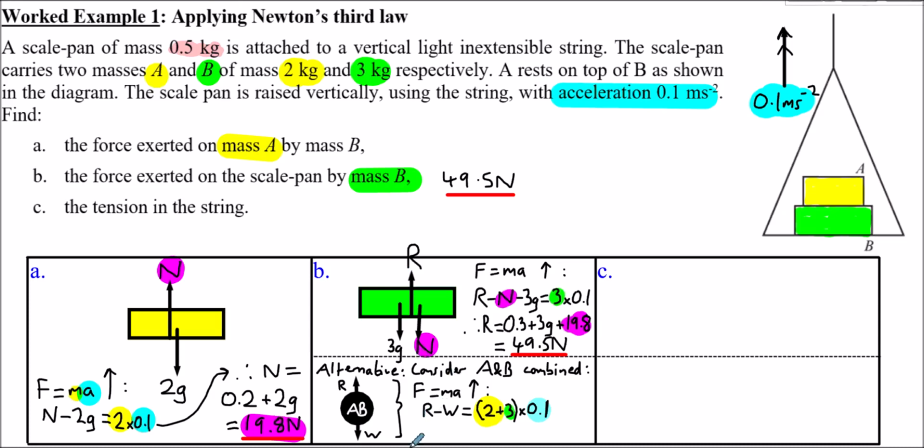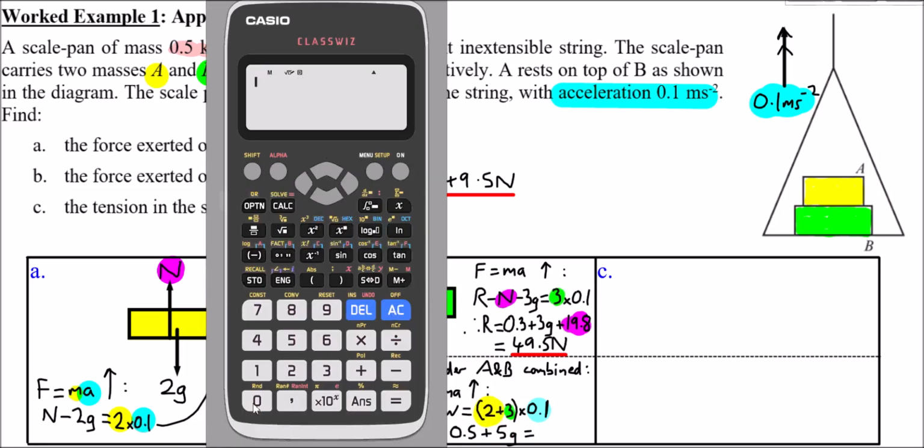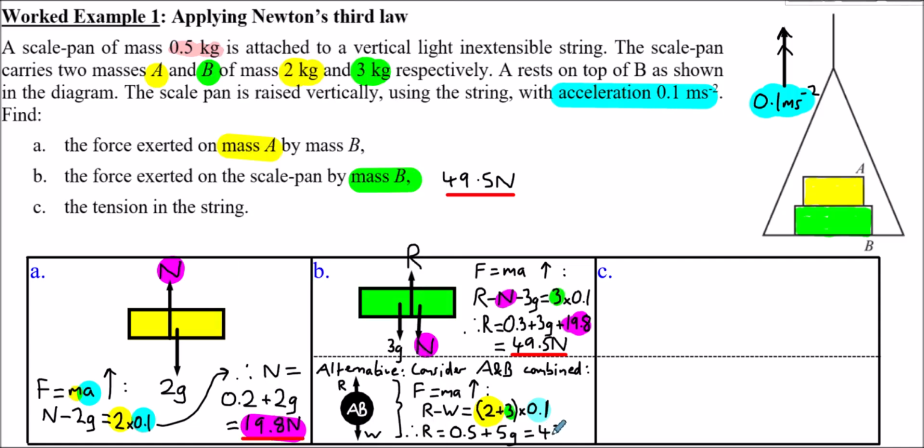So therefore, the reaction, 2 plus 3 is 5, times 0.1 is 0.5. Then plus the weight, well, the weight will be the total mass of A and B multiplied by G. Total mass of A and B is 5, so we're going to add on 5G. So 0.5 plus 5G, where G is 9.8. That gives us 49.5 newtons again. Same result, just different approach.